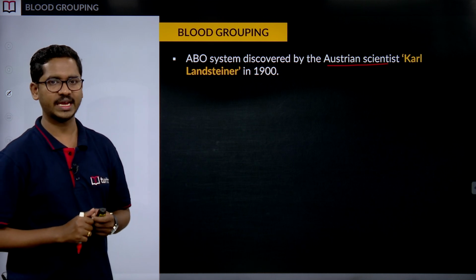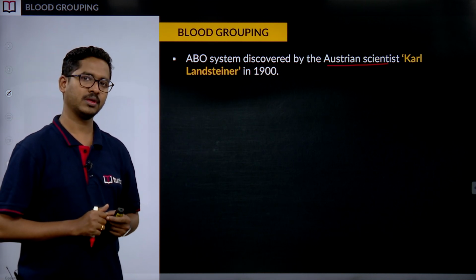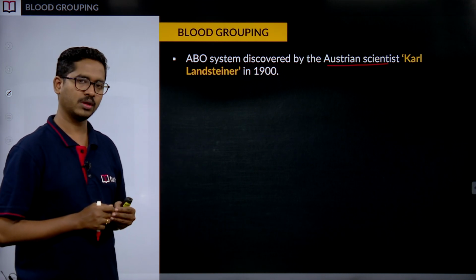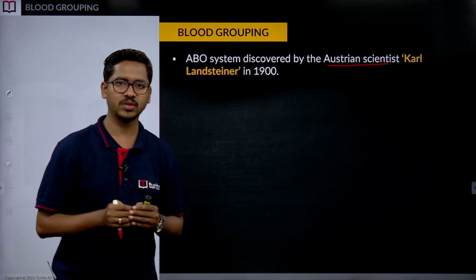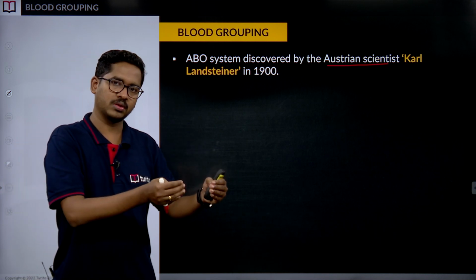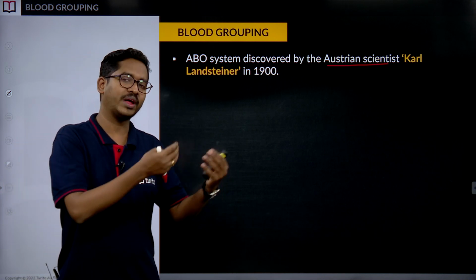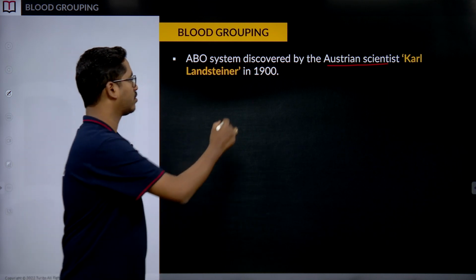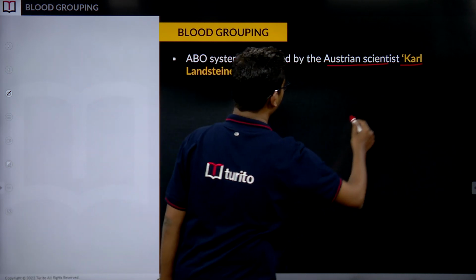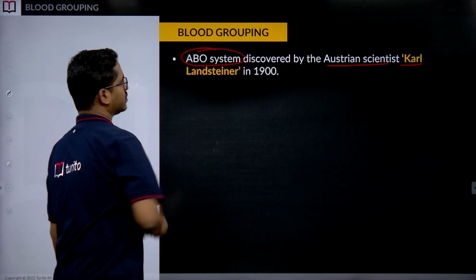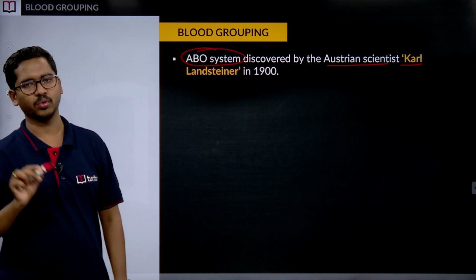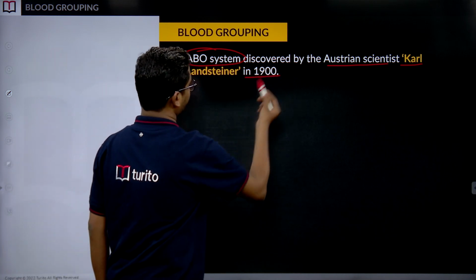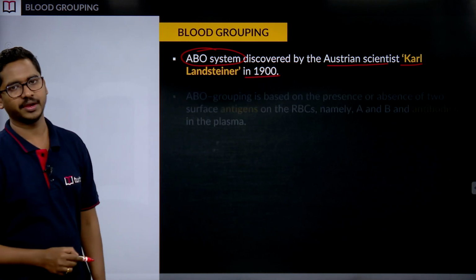That is very important, even in various other subjects and in science, we get to see who did this work and when it was done. So, the same thing we are following here. He was the one who did this identification or discovery of the ABO system of blood grouping, and that was achieved in the year 1900.